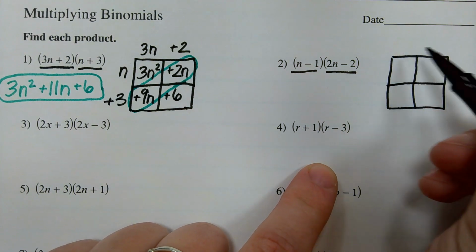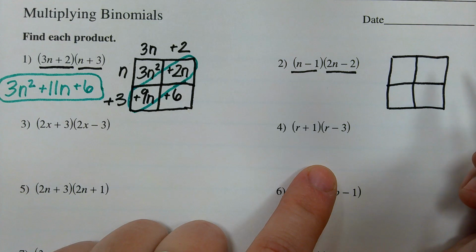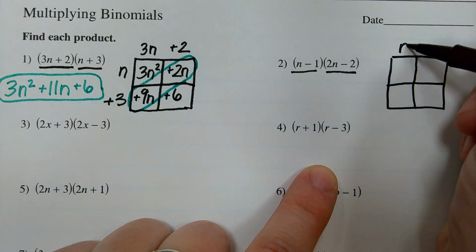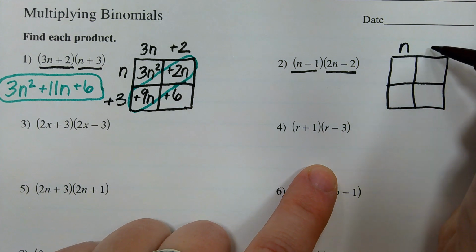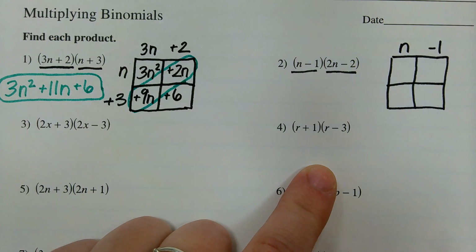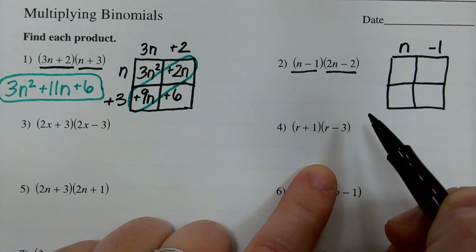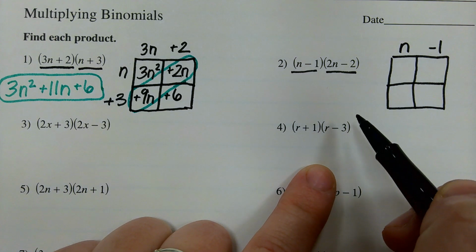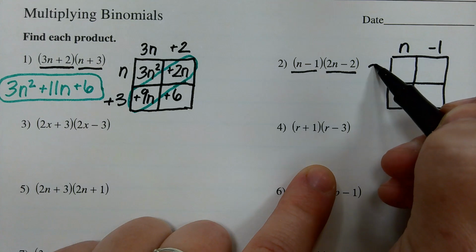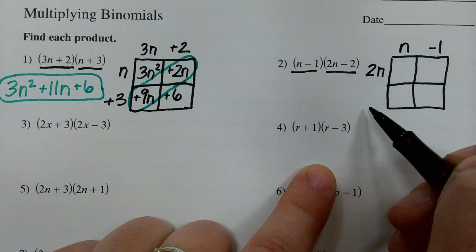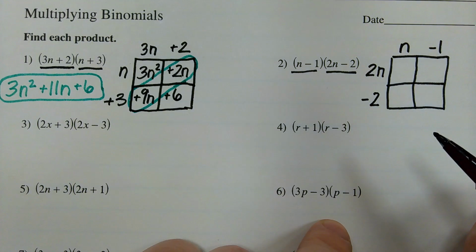What should I write on the top of my box? Yes, n and then a -1. And what do I write on the edge here, up and down? 2n, negative 2. Good. 2n and negative 2.